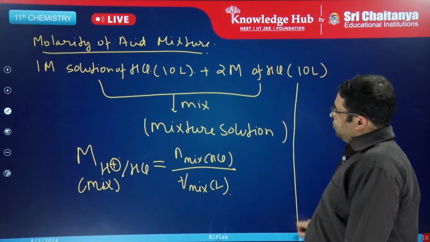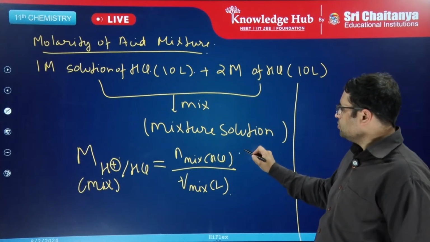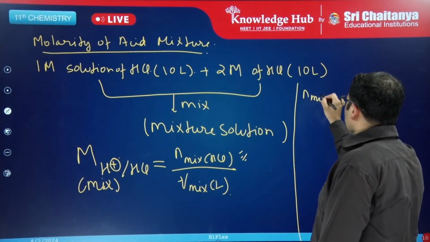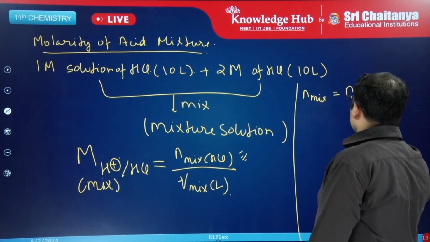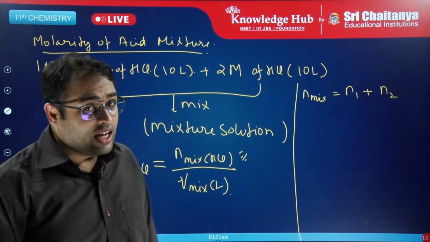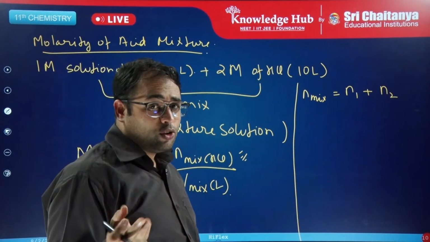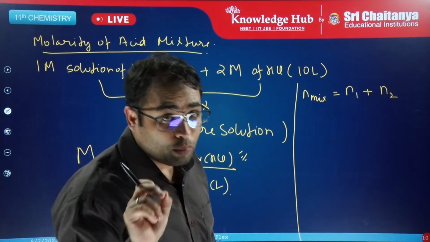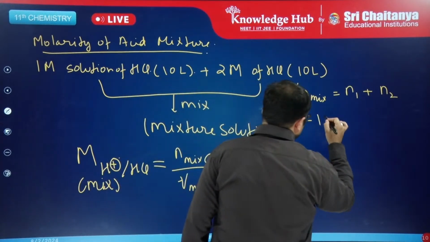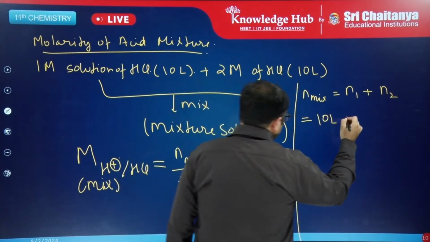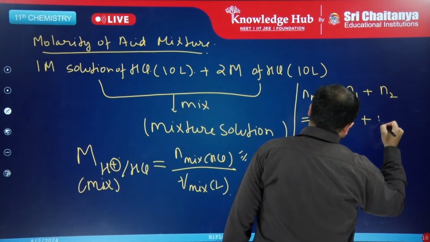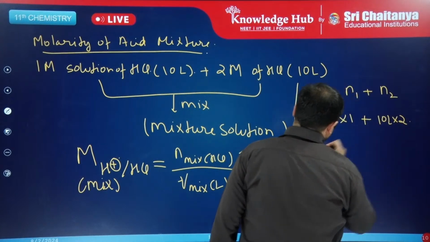So how will you find the number of moles? See, moles of the mixture will be moles of the first solution plus moles of the second solution. And I have told you how you calculate moles: you multiply the volume by molarity. The volume of the first solution is 10 liters, molarity is 1, plus the volume of the second solution, again 10 liters, molarity is 2.